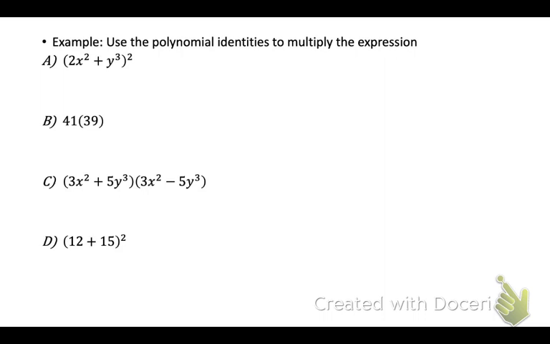That's your square of the sum, right? What does it tell me to do? Square the first term. So what is 2x squared squared? 4x to the fourth. Okay.